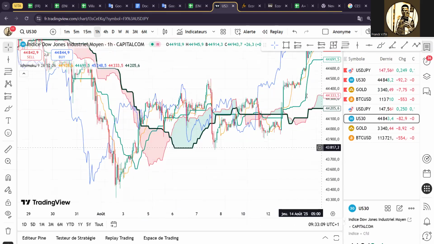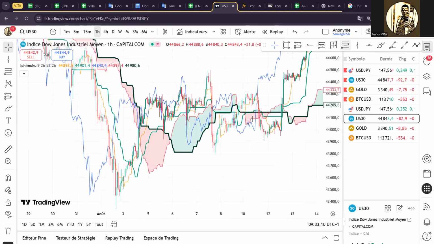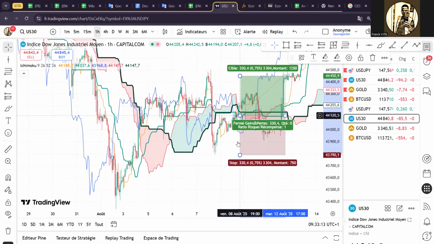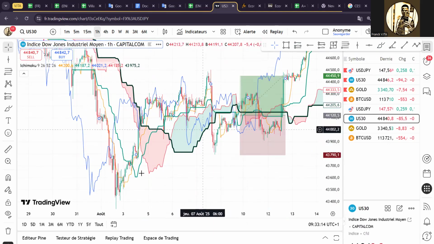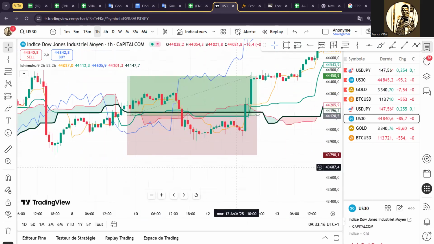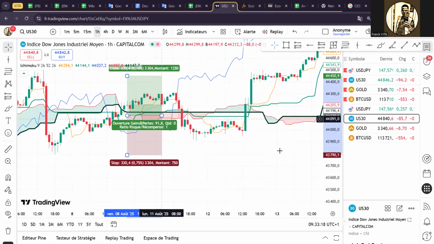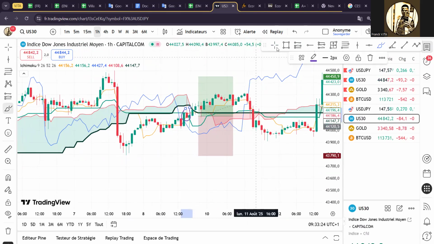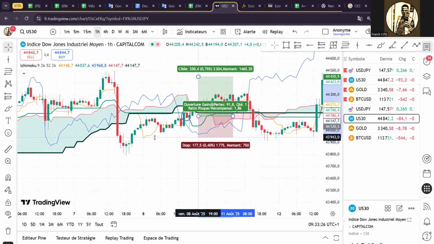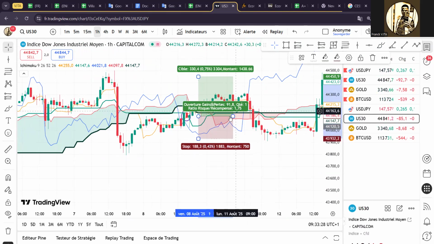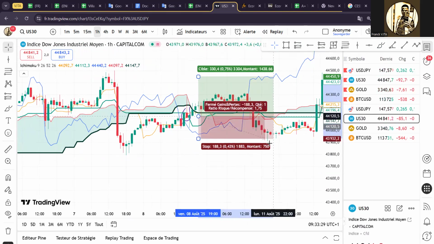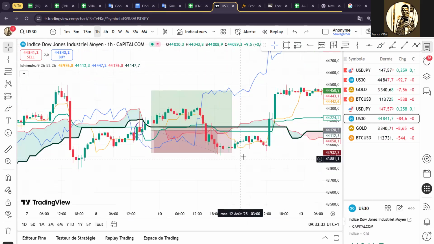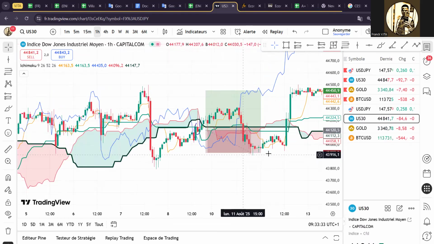Let us say, for example, you bought this Tenkan cross above this Tenkan cross here. You bought this one. This Tenkan cross below the cloud. If you place your stop loss at the Tenkan mountain exactly, you will get stopped out by some small wicks. That will be very frustrating because you are already right about the direction, but you are using a tight stop loss.